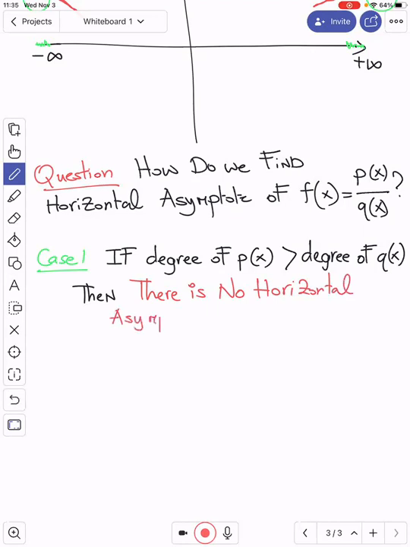If the highest power of x in the top is strictly larger than the highest power of x in the denominator, then there will be no horizontal asymptote.